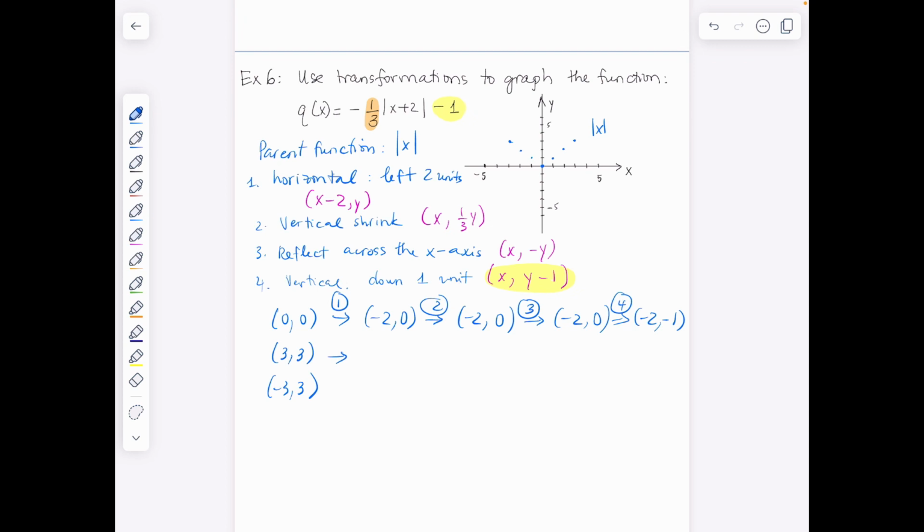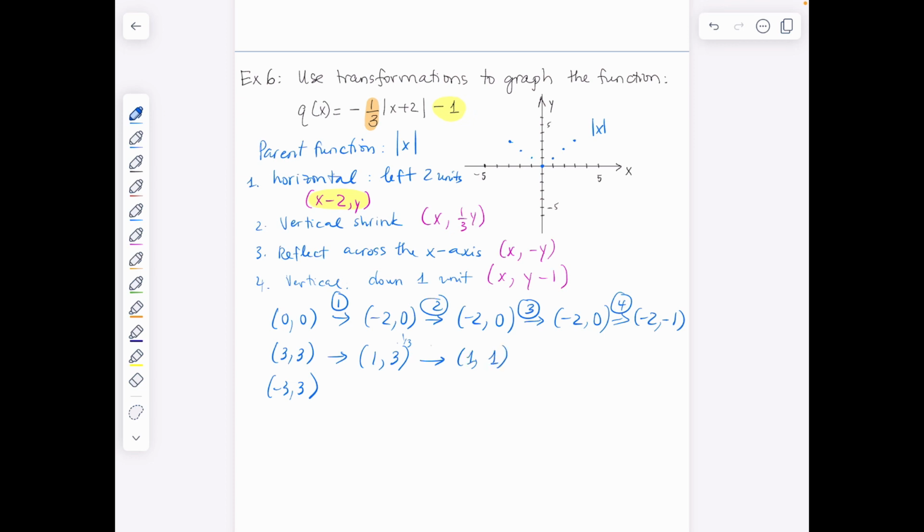Okay, again, first, we will subtract 2 from x and keep y the same. So 3 minus 2 is 1, keep y the same. And next step, multiply y by 1/3, keep x the same. So x will now stay 1. 1/3 times 3 will give us 1.